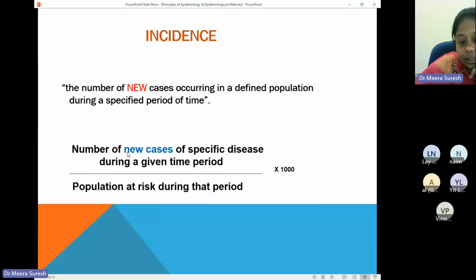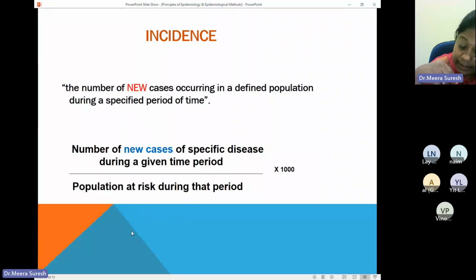So incidence is the number of new cases of a specific disease during a given time period divided by the population at risk. Here we are not necessarily taking the mid-year population. We are just considering the population at risk, which usually will be the total population. Sometimes we can go for the mid-year population.